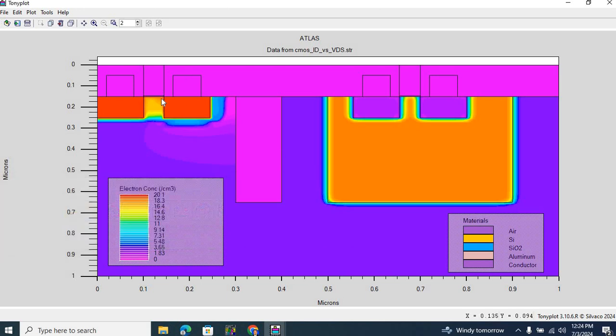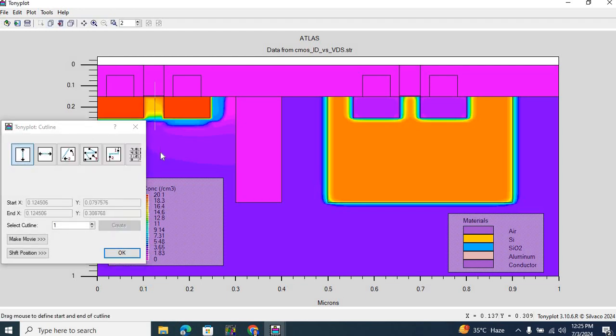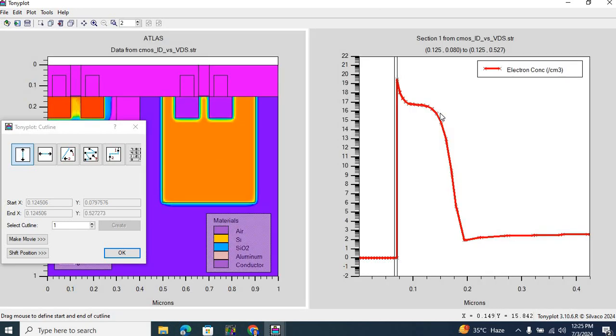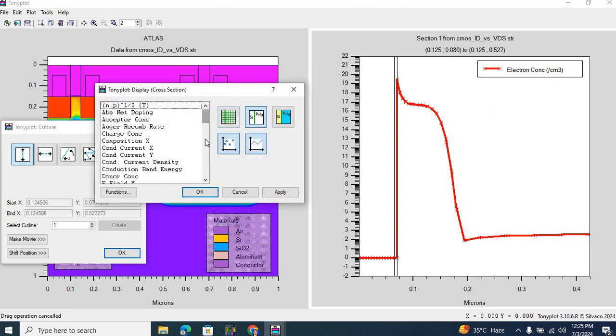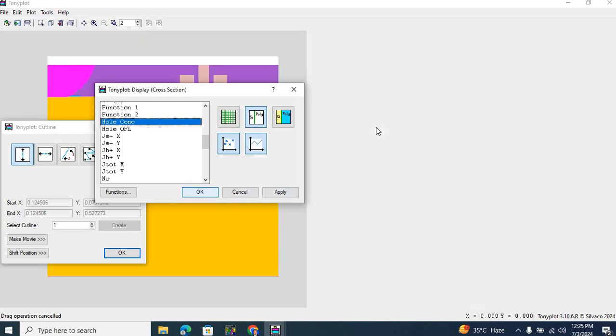Okay. So now here is our channel. Now you see from the profiles we have more electron concentration under biasing. To verify that, we can draw a cut line once again across these regions. Let us check the whole concentration as well. Hit apply.